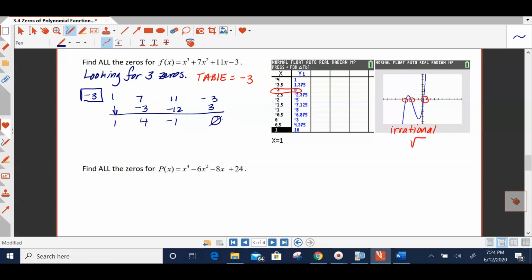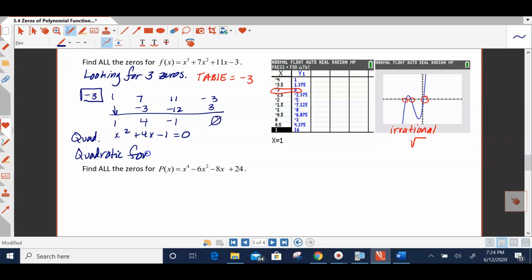Now, I'm left with a quadratic. It was a 3rd degree. I divided it once, which brings it down to a 2nd degree. So that's x squared plus 4x minus 1 equals 0. This quadratic will not factor. So we're going to have to use the quadratic formula.